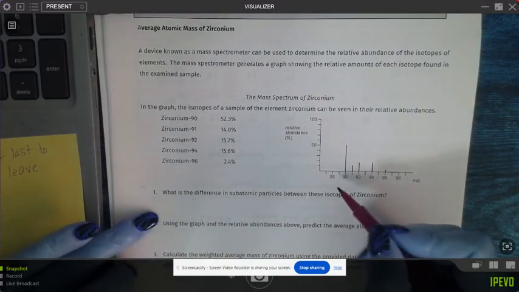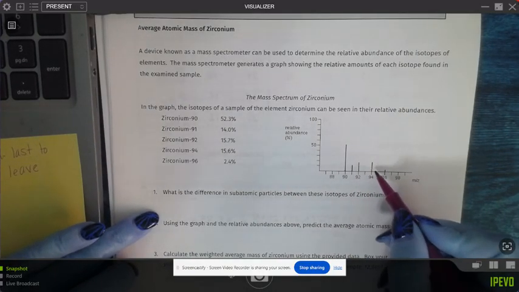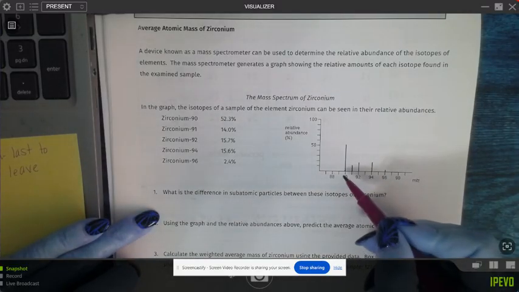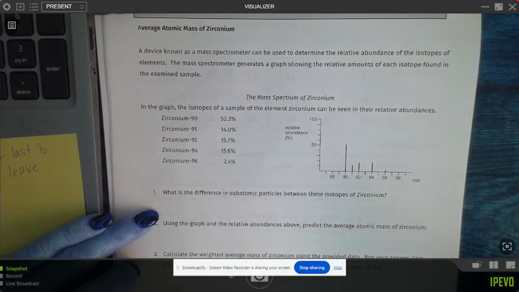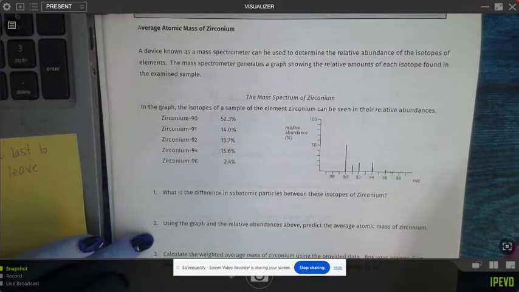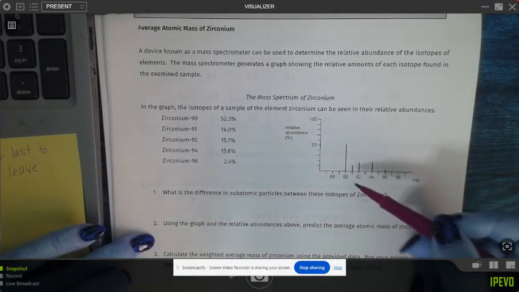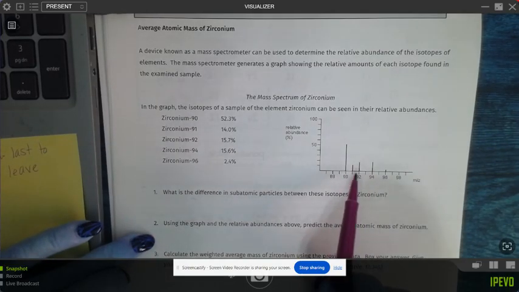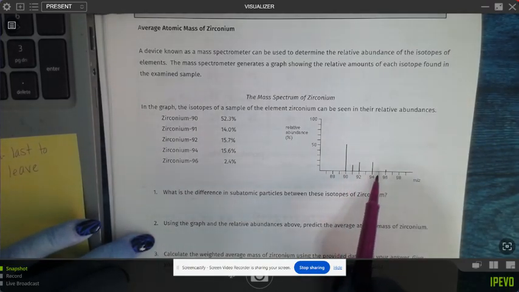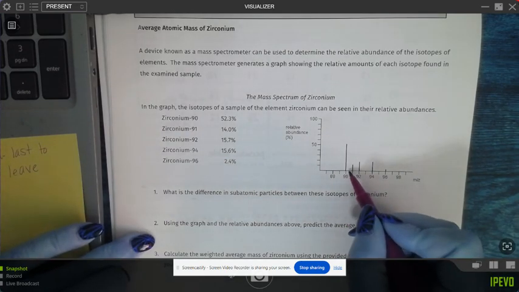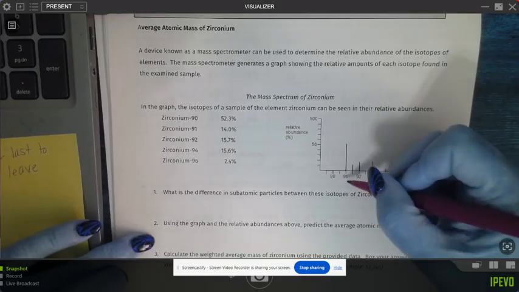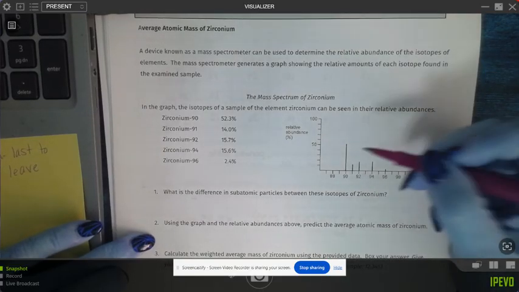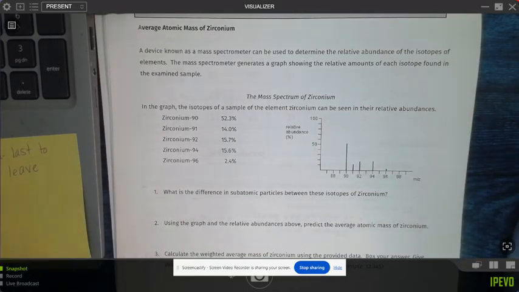We can look and see the different isotopes and their relative abundance. The conclusion we want to draw is that our average atomic mass is going to be affected by these natural abundances. For zirconium, the largest isotope in terms of abundance is zirconium-90, and it's got a little bit over 50% abundance.